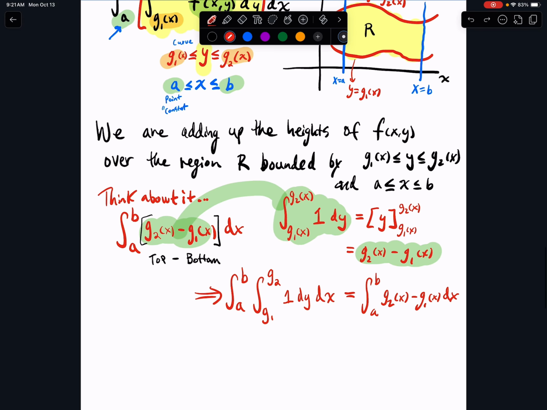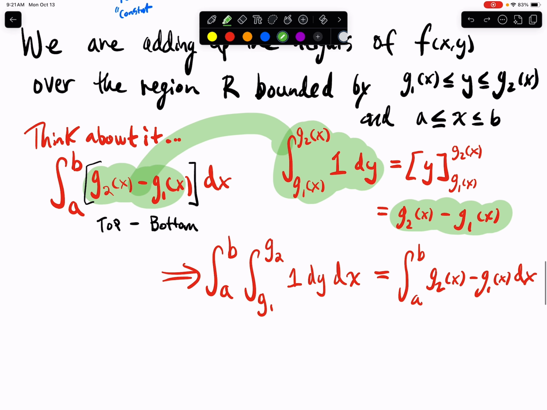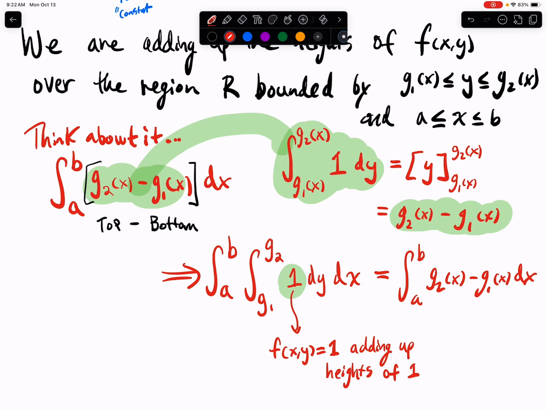Now, what is this saying to do? How do we read this? So I'm integrating, I'm adding up heights of 1. My function f of x,y is equal to 1, so this has a height of 1. I'm adding up heights of 1 on what region?